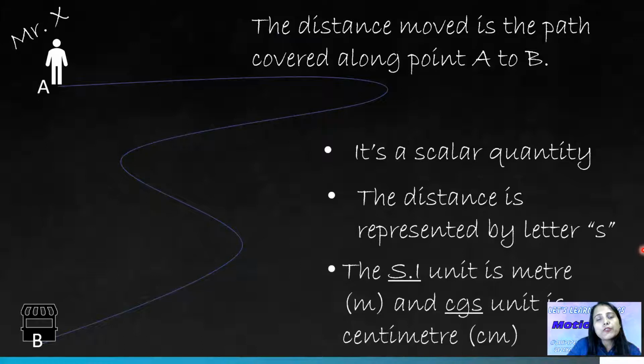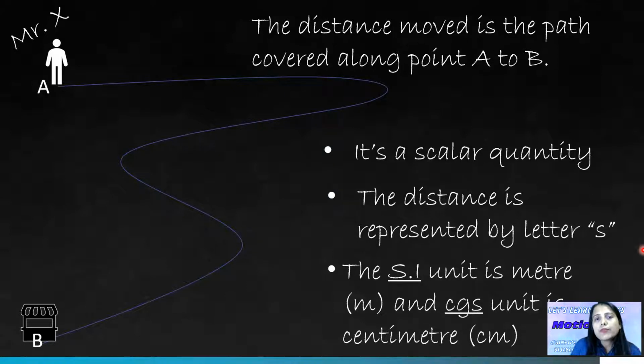What is the unit of representing this physical quantity? We have the SI unit of distance as meter and the CGS unit as centimeter. Sometimes kilometer is also used, so there is nothing to worry. If all the units in the question are given in kilometers, you answer in kilometers. But it is generally preferred to convert all the units to the SI system.